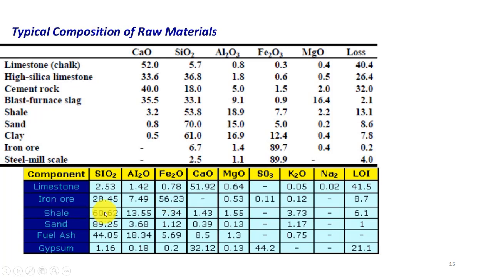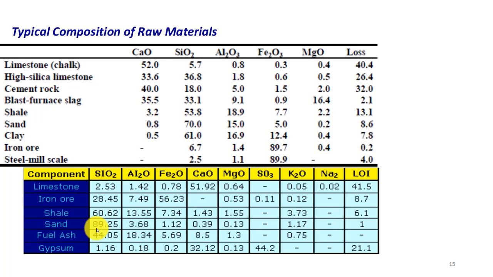Shale contains a huge amount of silica, around 60%, and then alumina and iron. It can also be taken as an iron-rich and alumina-rich source. Sand is highly rich in silica, which is around 90%. But I want to remind you again that the silica present in the sand is highly crystalline.